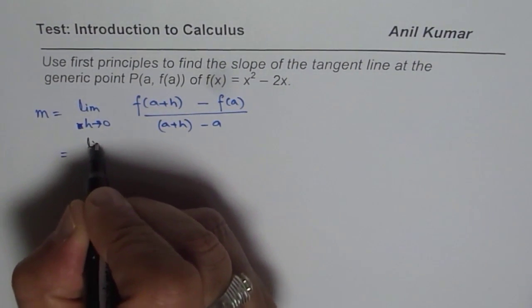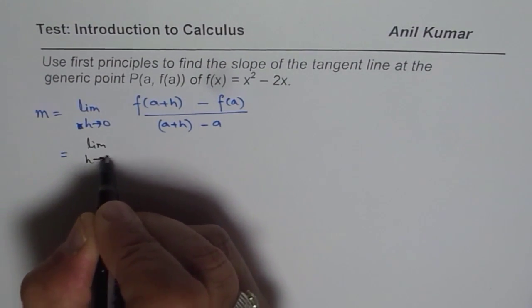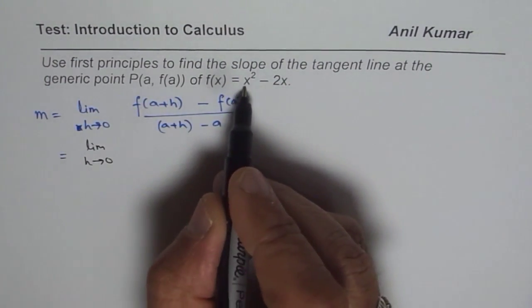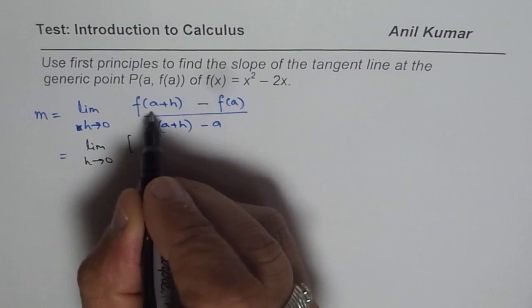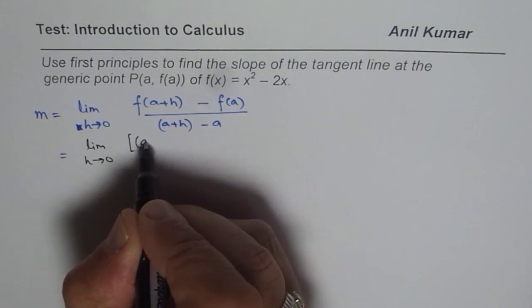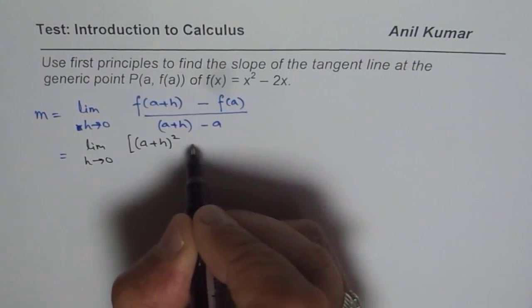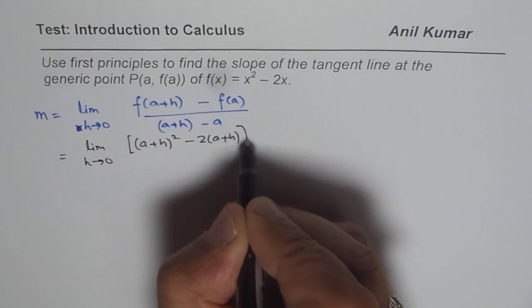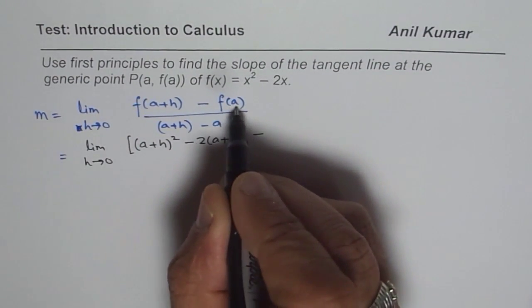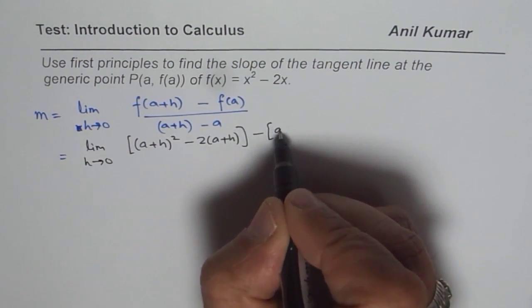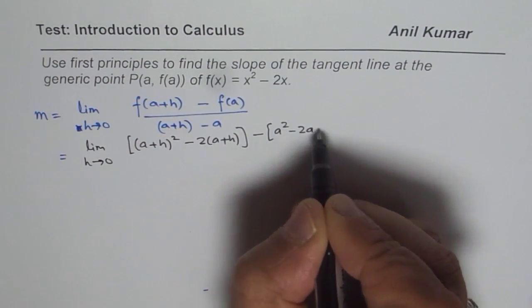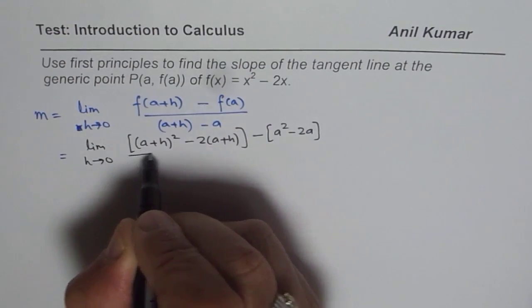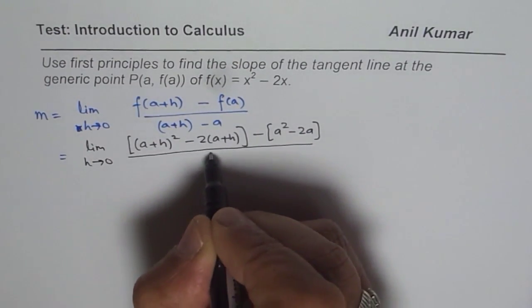That is the delta y, and this is delta x, change in x, right? So we get limit h approaches 0, f of a plus h. Let's find the first term. So I'm writing it in brackets. It is a plus h whole square minus 2 times a plus h, correct? And then we have the second term, f of a. So that will be a square minus 2a, correct? Divided by h.